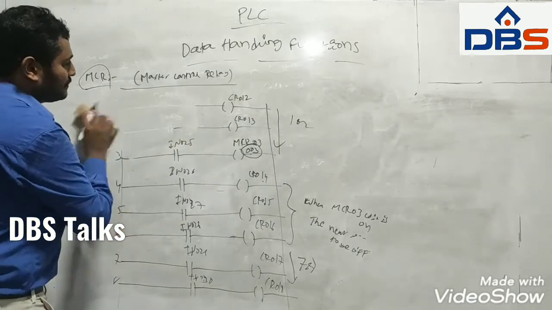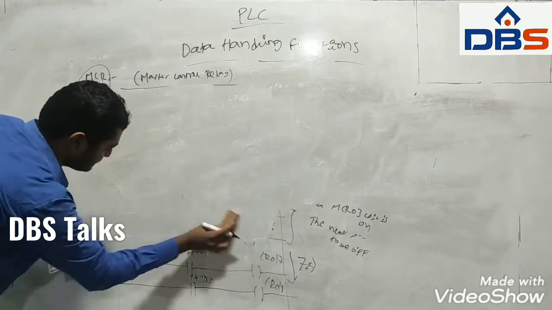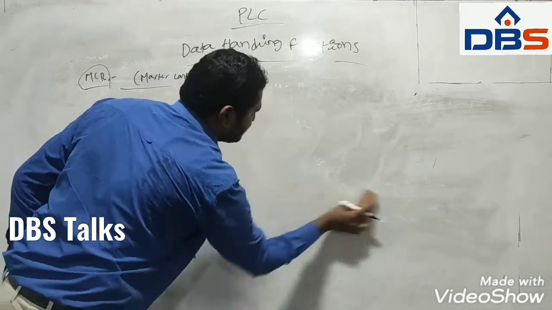Coming to illustrate the MCR function again, I am taking it similar to the skip function. In the skip function, I took the production line and station layout.